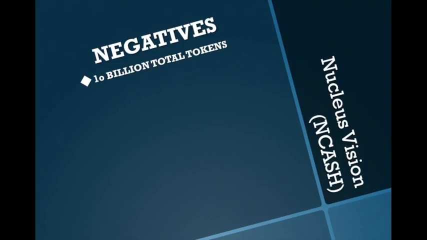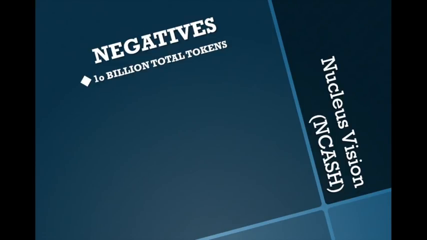There is a huge following with NCASH, and it reminds me of Tron. If you're an investor of Tron, you know the amount of people that are supporting Tron. Well, NCASH has that same exact support level. So you can best believe when that bull run comes, and best believe it is coming, NCASH is going to pump.